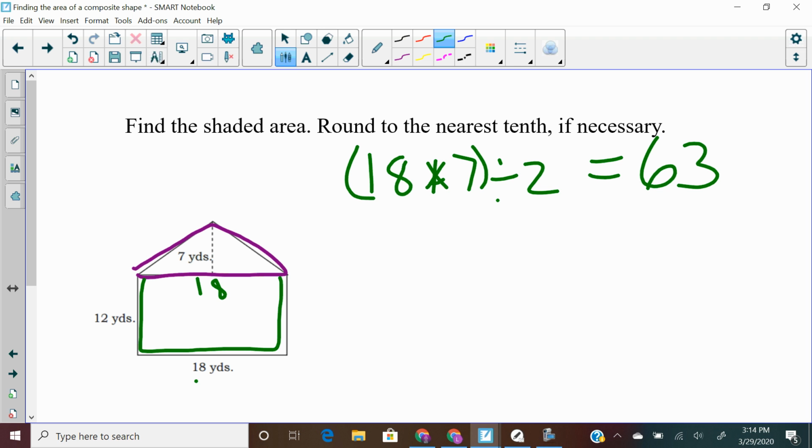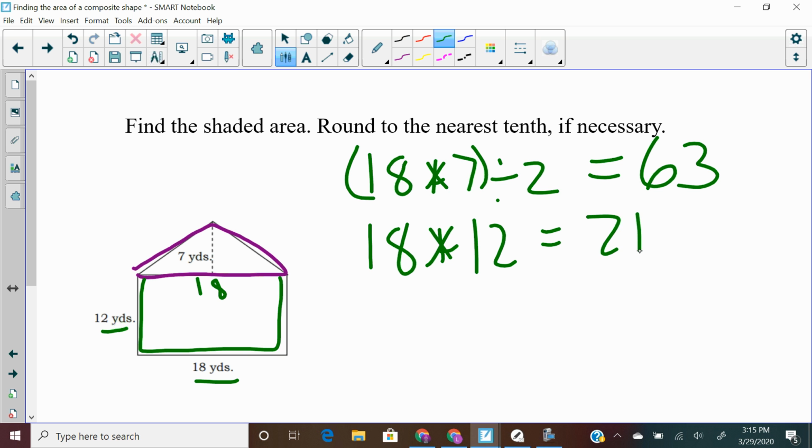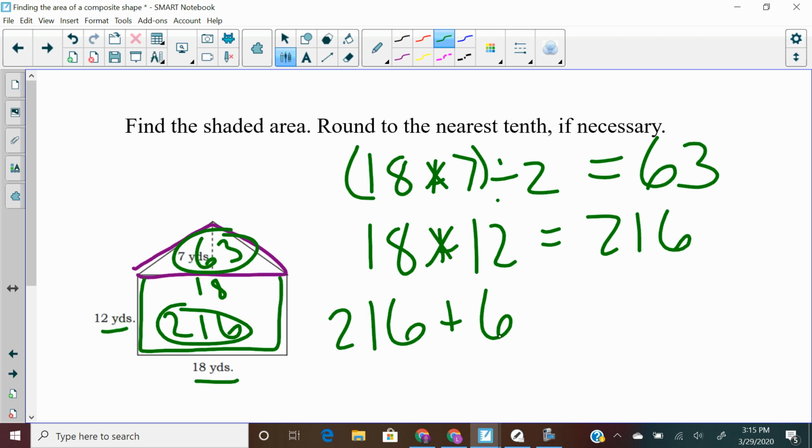For the rectangle, I do 18 times 12, which is 216. To find the final answer, I add them together: 216 plus 63, and I get 279 yards squared.